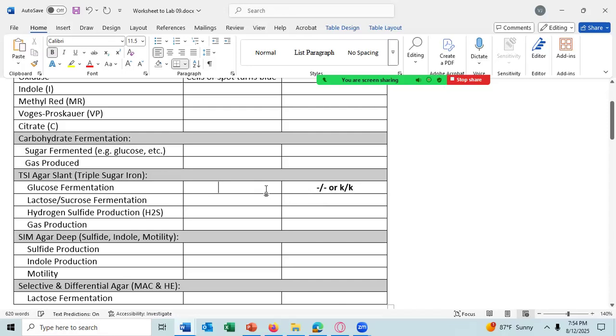Over here, it won't be negative over negative, so one of them would be maybe acid. And we're just going to make one up. And then K. Oop. Oh, I got that in the wrong place too.